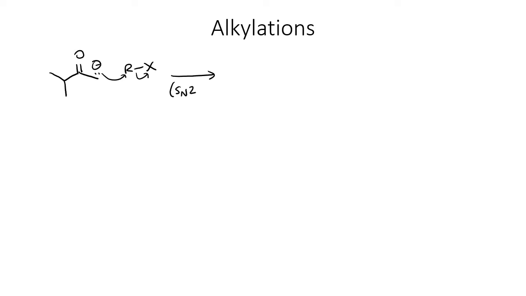Now this is an SN2 mechanism, so we must be dealing with a methyl, primary, or secondary alkyl halide in order for these reactions to occur. Now in the end, we will add an R group and form a new carbon-carbon bond. So let's go ahead and take a look at the different types of reactions that would form if we use different conditions for an asymmetrical ketone.